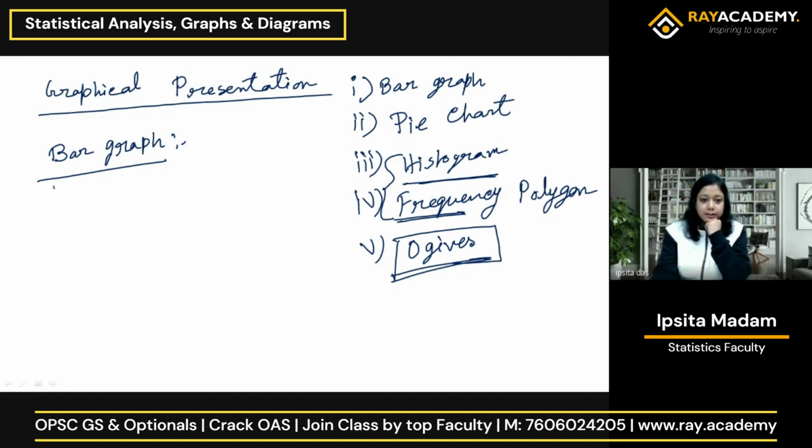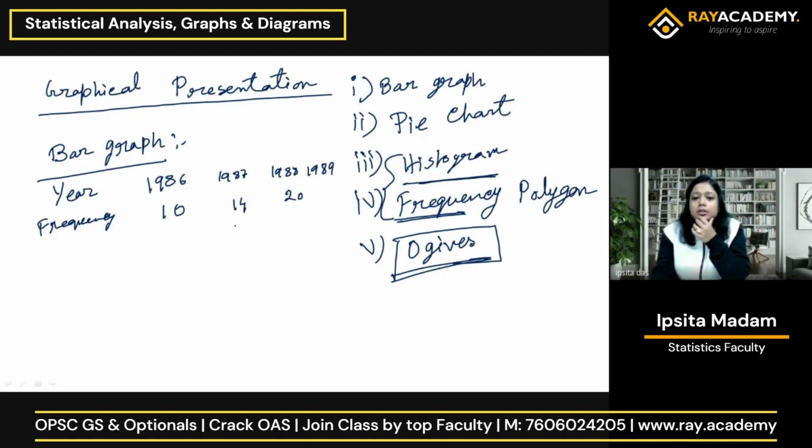Suppose you have the years 1986, 1987, 1988, 1989, and this is the frequency for it: 10, 14, 20, 16. Which represents the x-axis and which the y-axis?